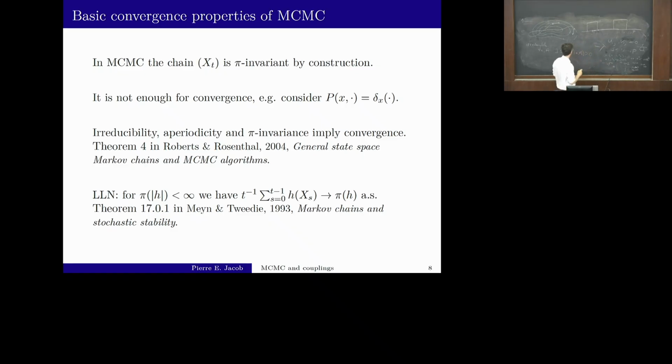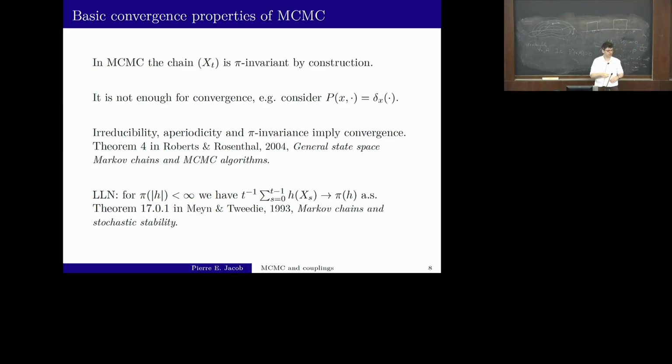Okay, so that's irreducibility. And aperiodicity is the fact that you cannot partition the state space in such a way that the chain moves deterministically from one set to another set of the partition. Otherwise, it would be periodic. So it's not like at all odd iterations you're in the positive part of the space, and in even iterations you're in the negatives, that would be periodic.